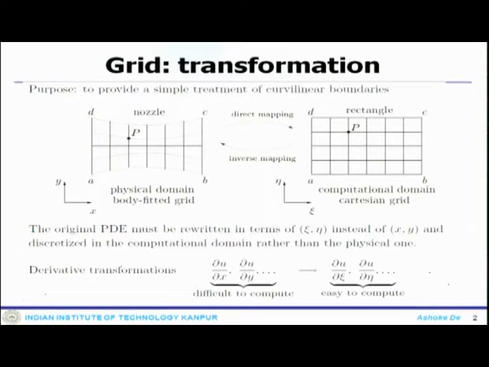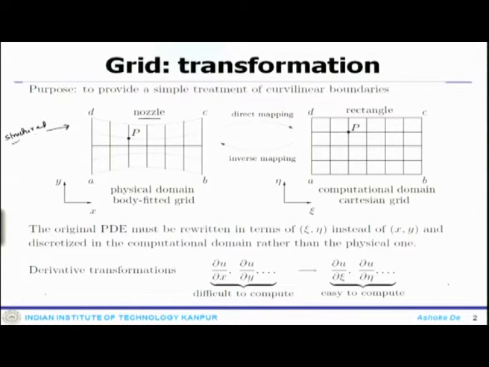So, the whole purpose is that if you look at this geometry, this is the geometry of a nozzle, your physical or realistic geometry. If you need to generate the grid around this nozzle, then you need a body fitted structured grid.